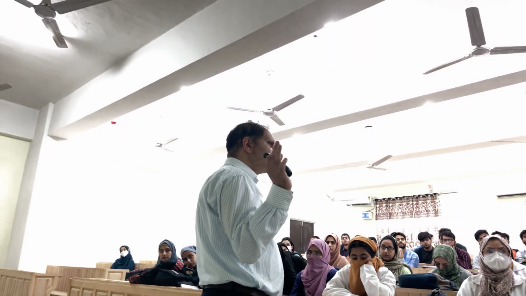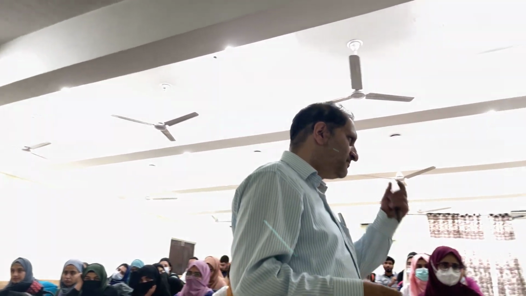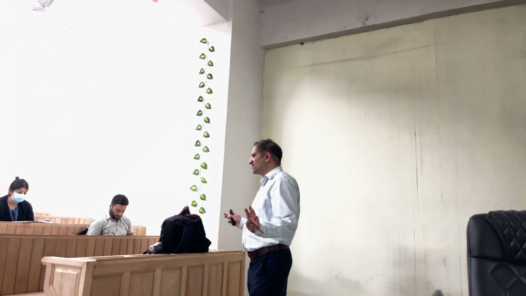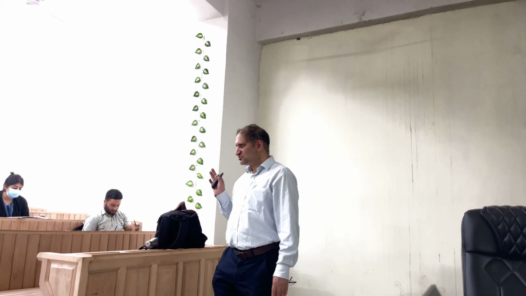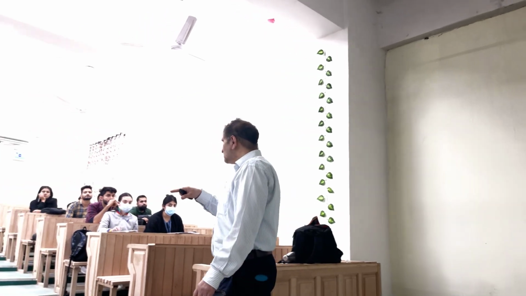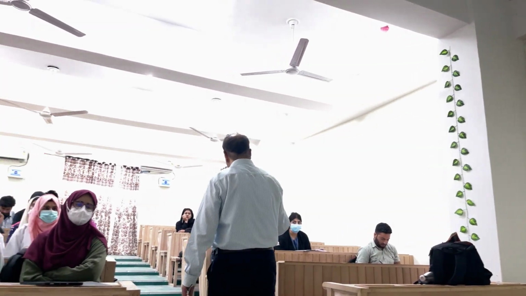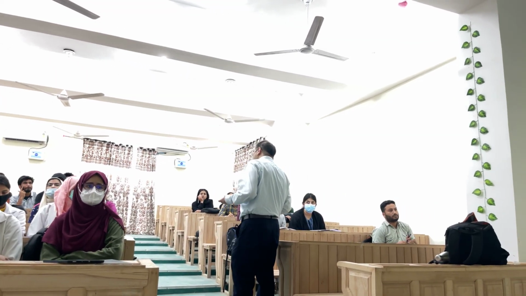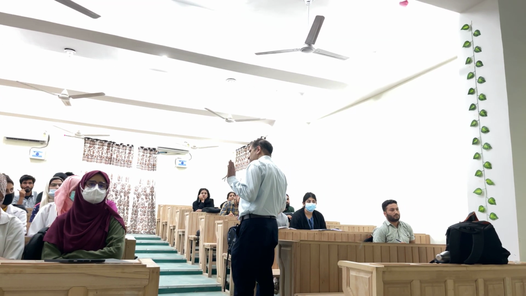If anybody has confusion, he can tell me right now. Otherwise, this will be a lifelong confusion for you. You have to clear it right now. Superiors are intorters, inferiors are extorters, recti are adductors, and obliques are abductors. You have to remember these four things.